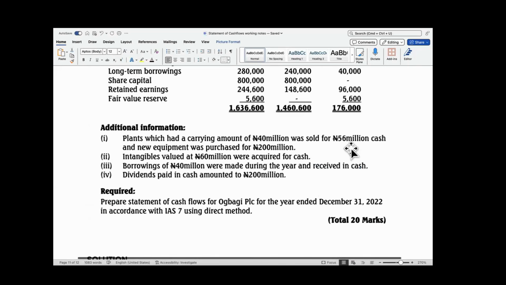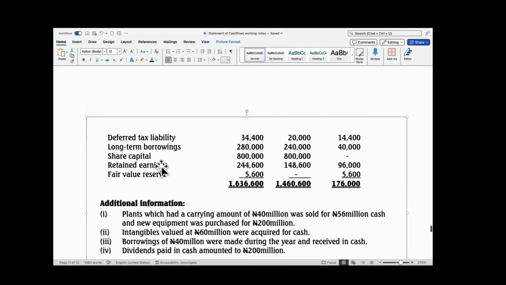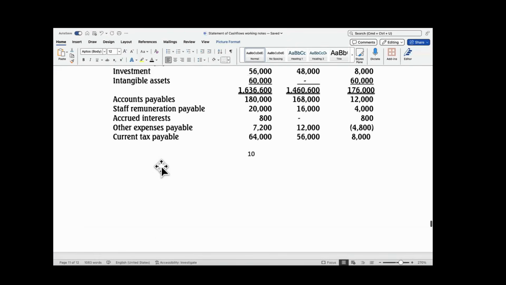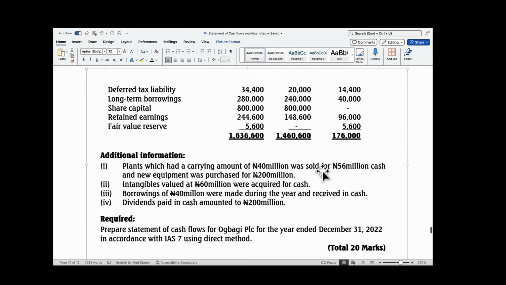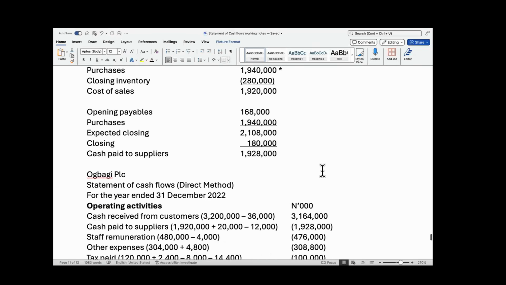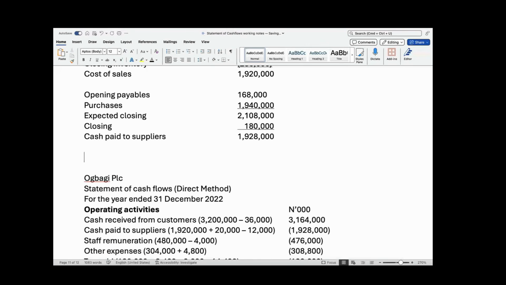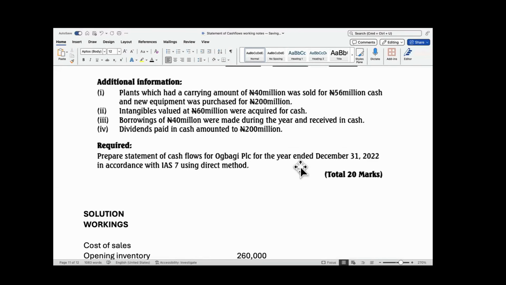But for me to confirm that, they said that there is a plant which had a carrying amount of 40, but was sold for 56,000 and new equipment was purchased for 200,000. So how does that explain this increase of 60? I think the best way for us is to do a kind of reconciliation.